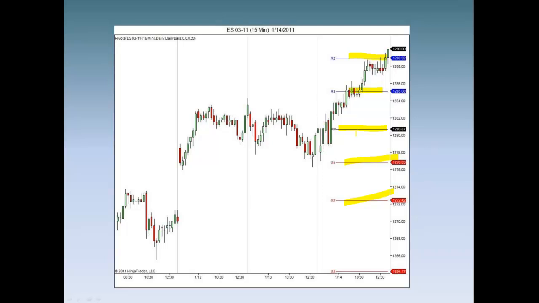The way that floor traders use these lines is really very simple. If prices tend to move too far away from the pivot, they begin to realize that we're moving too far from the value area. So they always like to trade close to the pivot. If in fact prices start to deviate too far away from the pivot, what that's telling them is that we have a major buyer or a major long-term player in the market, and the prices are moving directionally now.